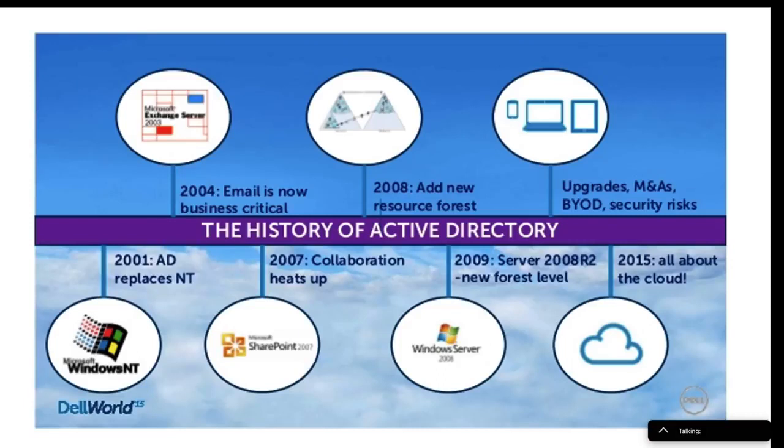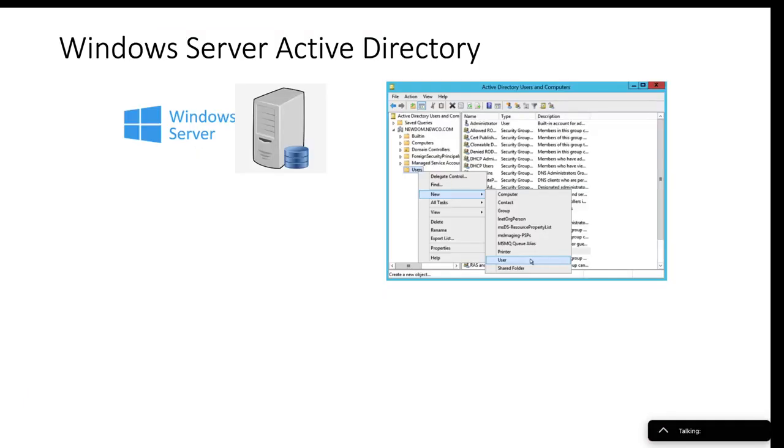Now, to be honest, it's advanced over the years, and this is Windows Server Active Directory. There are two ways to look at it. You can look at it from a logical perspective, so the structure, how you've laid it out, and also a physical perspective as well. From the physical perspective, we look at the actual database. So how do we back up the database?